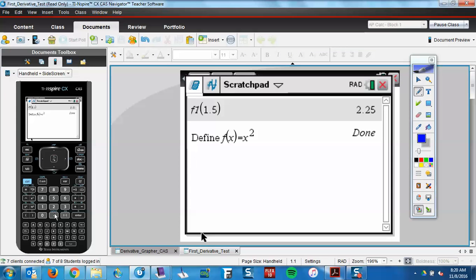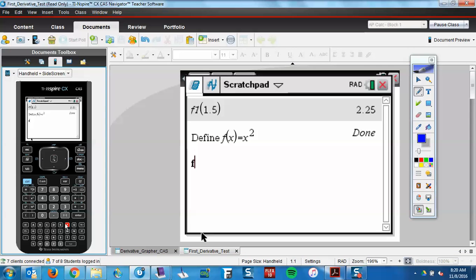And so now, if I type f parentheses 1.5, there it is. And now I can type the whole thing.